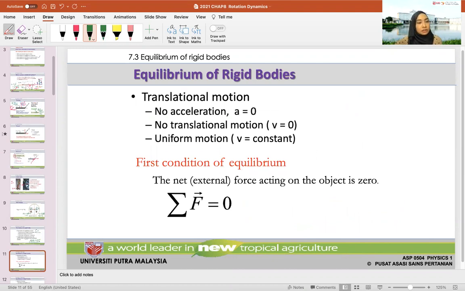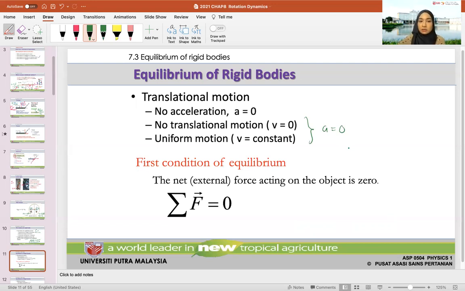So for translational motion, just a refresher for you guys. If we are saying it has no acceleration, then A equals 0. For equilibrium, A equals 0, right? It means that V can be 0 or V is constant. These two mean A equals 0. When acceleration is 0 or when a system is in equilibrium, it can either mean the velocity is constant or the velocity is 0.